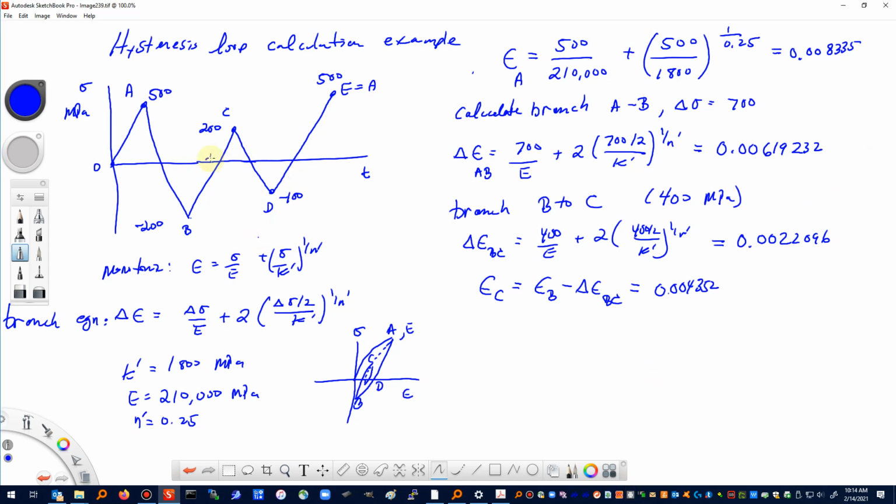All right. Now I go from C to D. The delta sigma, we can see from here, but you have to be a little careful with the time history. You'd probably want to use this sketch. We're at positive 200, we go down to minus 100. That's a delta sigma of 300.